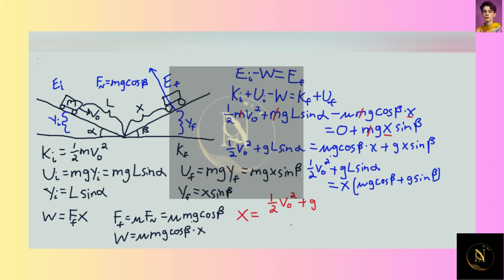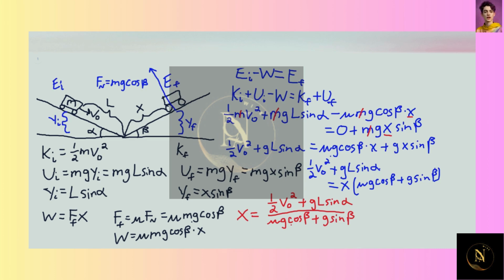So g times L sine alpha, and then the whole thing divided by mu g cosine of beta plus g times the sine of beta. All right, and there we have it. That's our answer for how far it goes up.